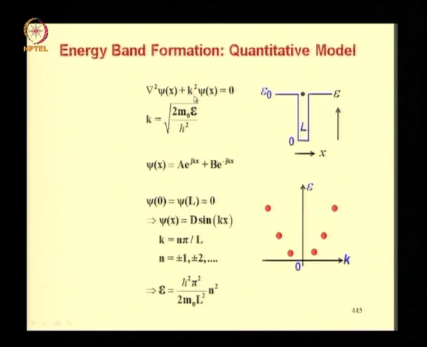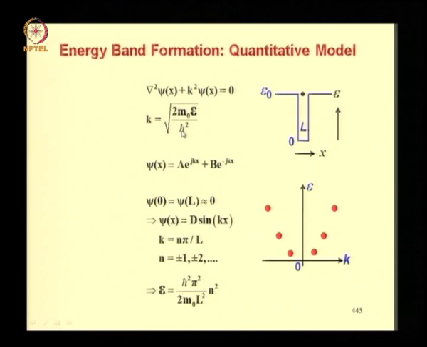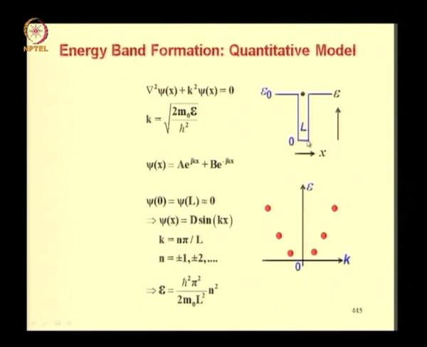So this is actually Schrödinger's equation written for a constant potential region, right, and that constant potential has been assumed to be 0, and the fact that at the boundaries x equal to 0 and x equal to L, the potential energy goes to infinity. In here it is shown to be going to E naught.